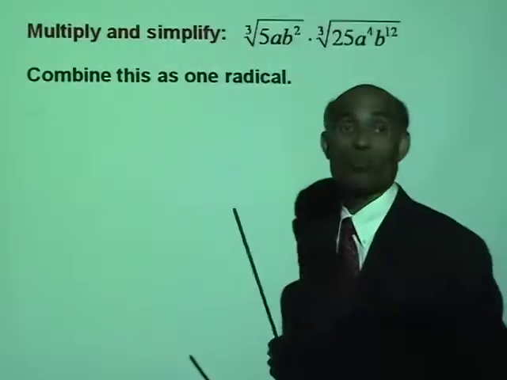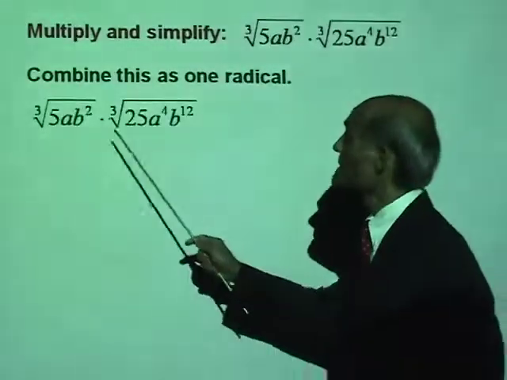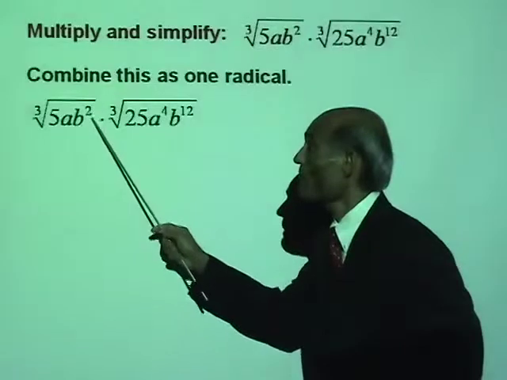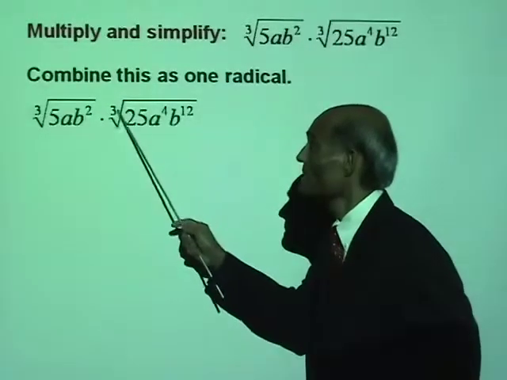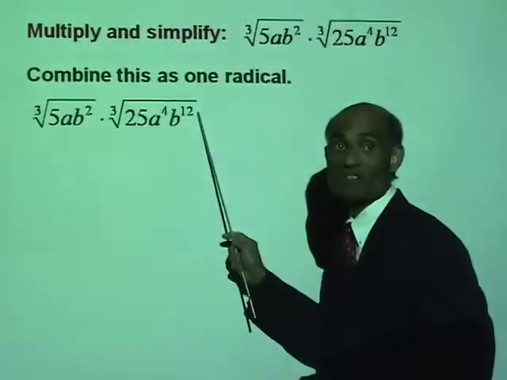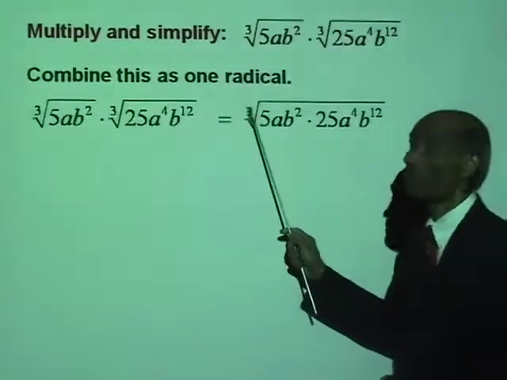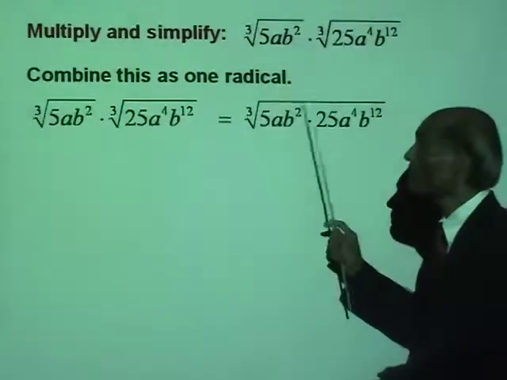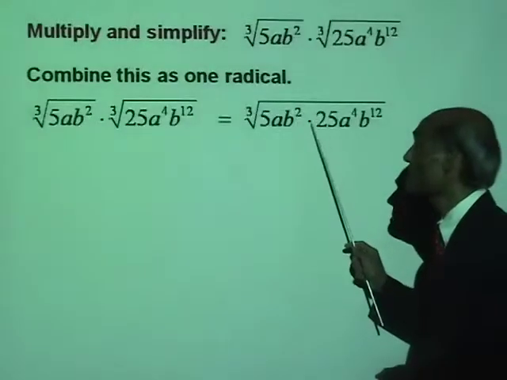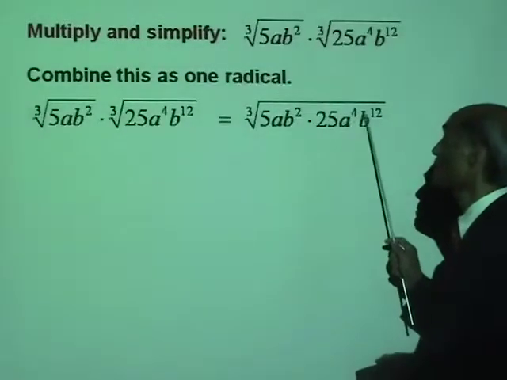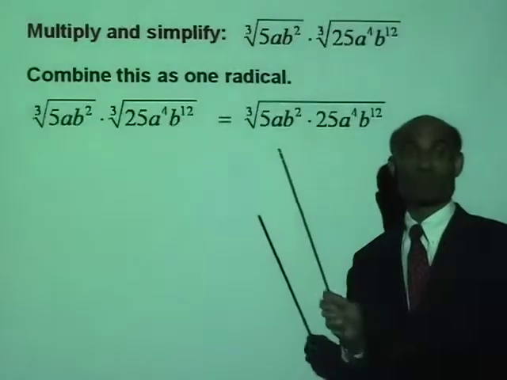Combining this as one radical, we get cube root of 5ab squared times 25 a to the 4 b to the 12.